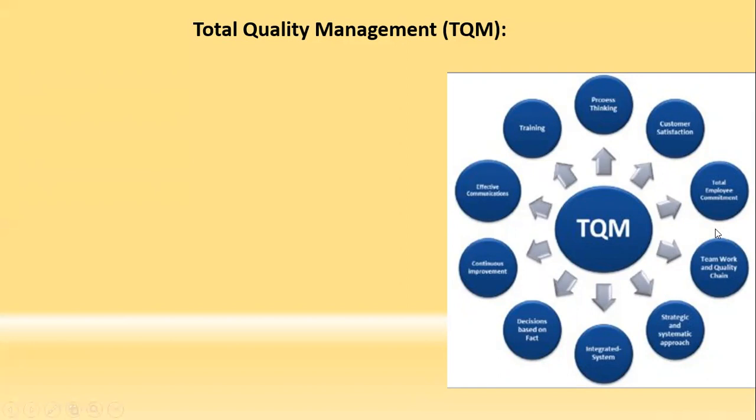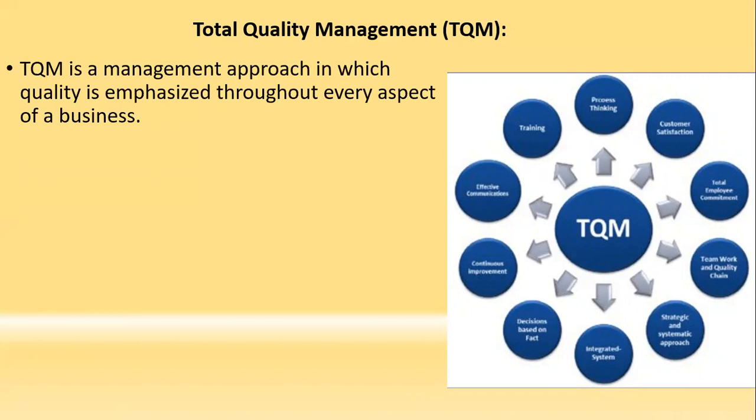TQM looks into all these aspects: process thinking, customer satisfaction, total employee involvement, teamwork and quality chain, strategic and systematic approach, decisions based on facts rather than assumptions, continuous improvement, effective communication, and training. So TQM looks into all these various aspects.